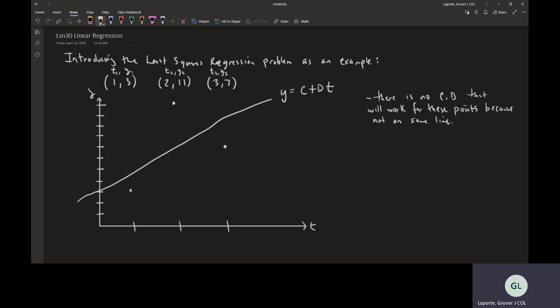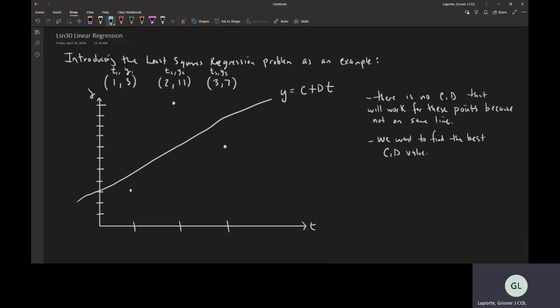Okay. So we want to find the best C and D values. Now, how do I define the best? That's really the question. Here, let's put some points that actually do lie on the line.